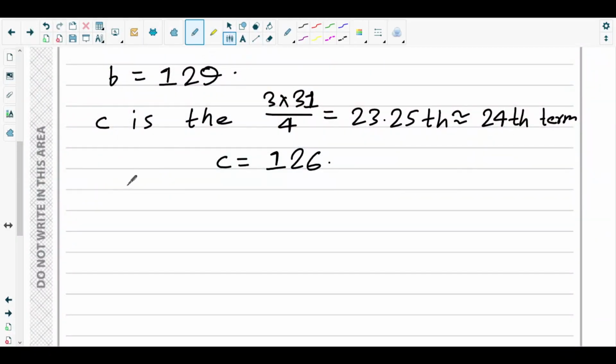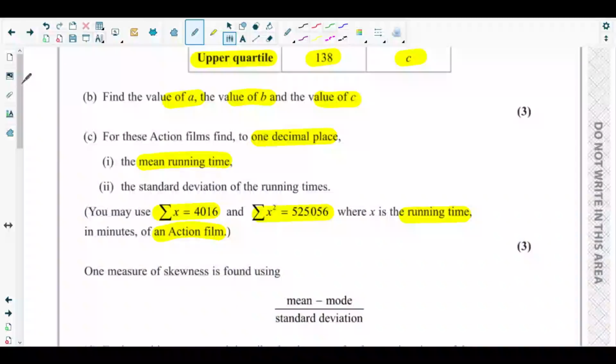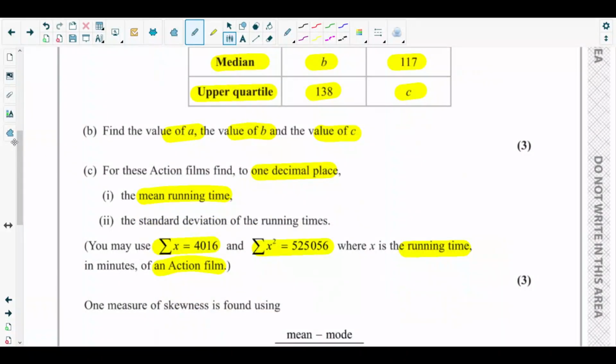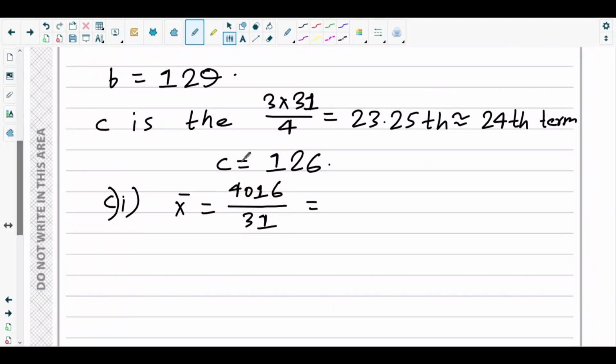So for part C1, we need to find the mean, which is x bar. X bar is sum of x over n. So 4016 over n, which is 31. So 4016 over 31 gives you 129.548 something.